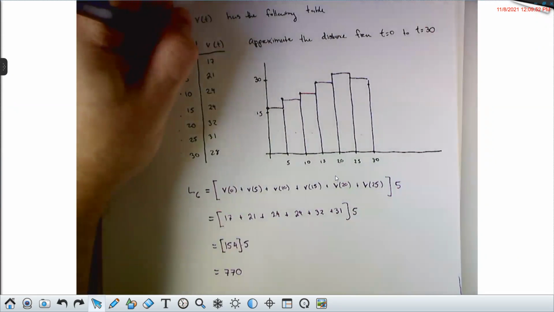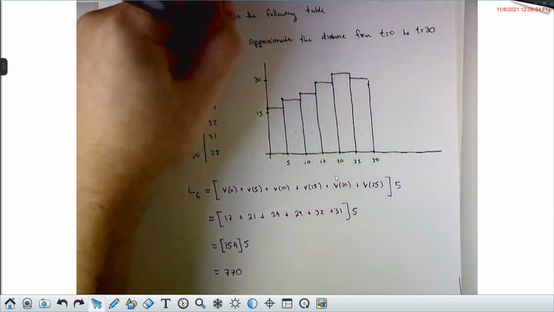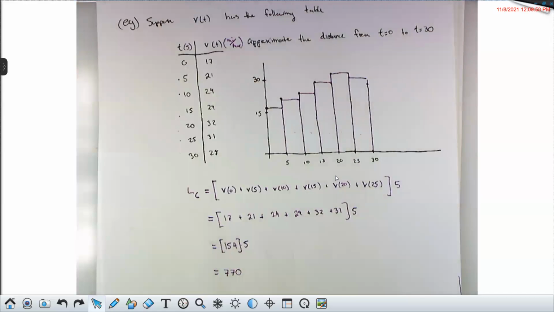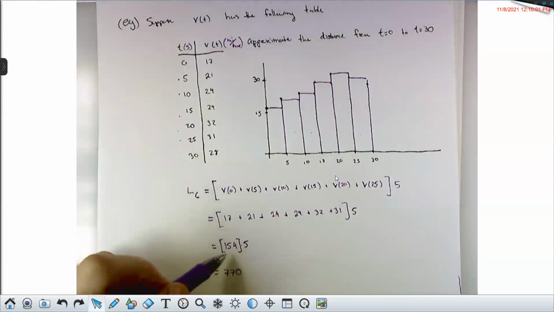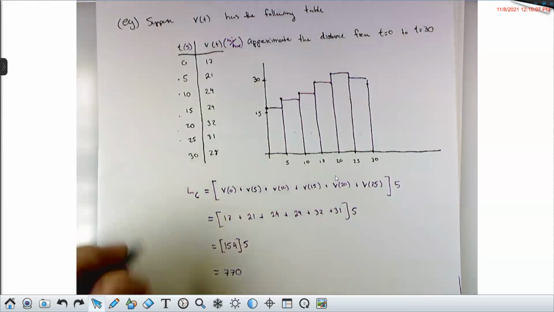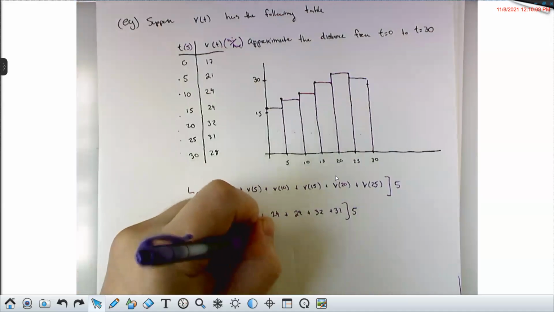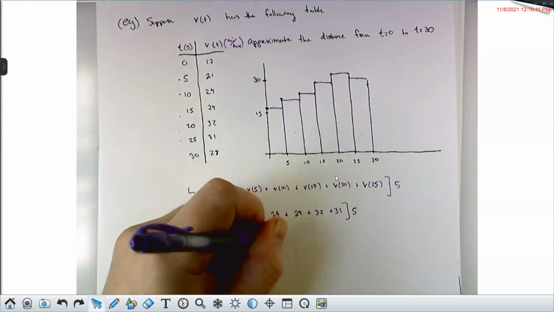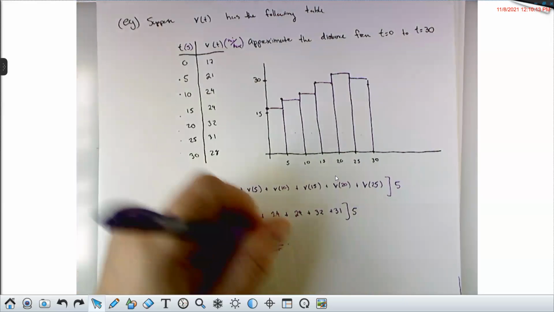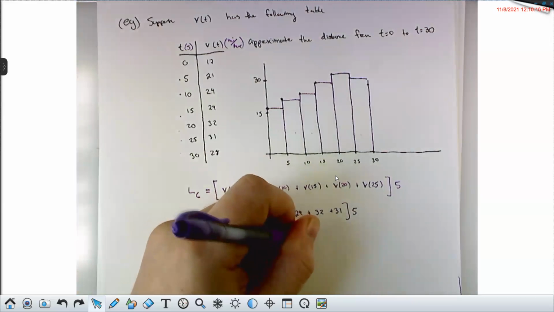The time t is in seconds, and this is in miles per hour. So really, this is 154 miles per hour times 5 seconds. So this has units, miles over hours times seconds.